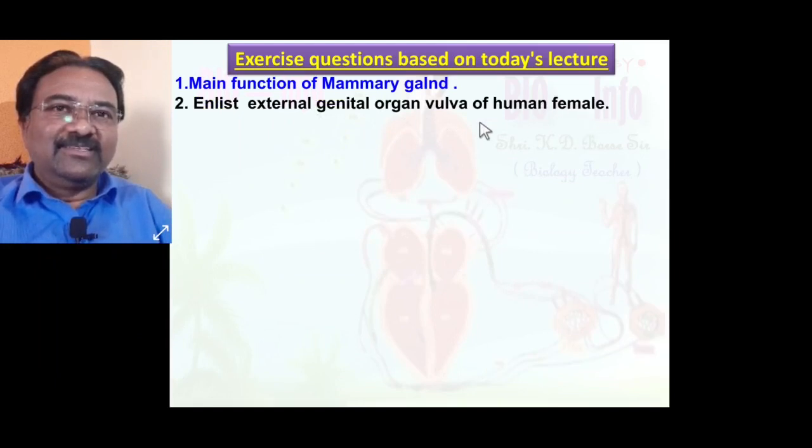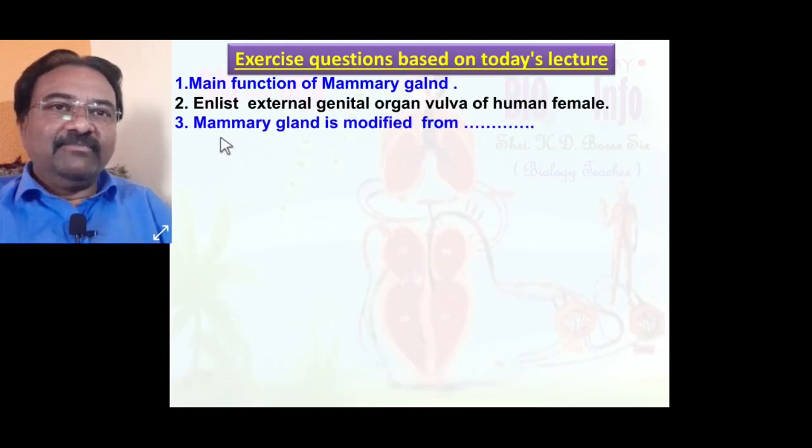Yes, vestibule, labia minora, clitoris, labia majora and mons pubis are the parts of the external genital organ, the vulva. Mammary gland is modified from which one? Sweat gland.